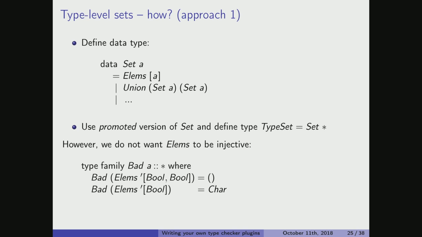The problem, though, is that since this is a data type, LMs is really treated as a constructor, so GHC also rightly thinks that it's injective, so we can define these type families where we actually distinguish between two sets that we want to feel should be the same.